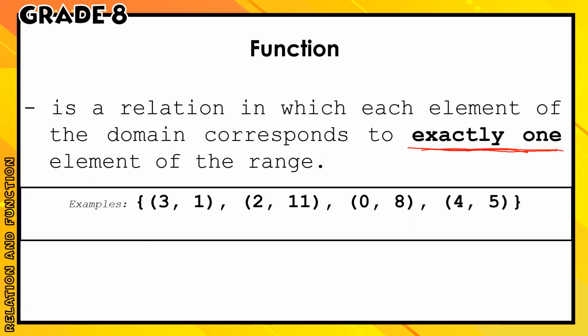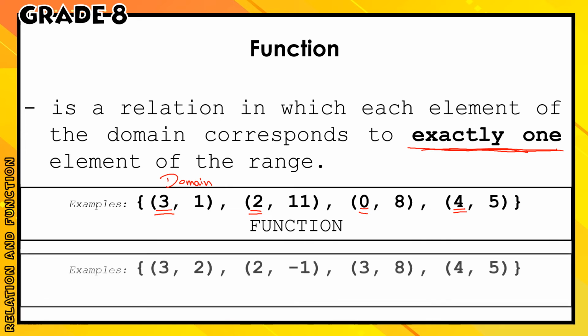We have this example: (3, 1), (2, 11), (0, 8), and (4, 5). Yung mga unang number, ayan ang tinatawag nating x values or the domain. Kung mapapansin natin sa domain natin, iba-iba sila. 3, 2, 0, 4. Walang naulit. Sa madaling salita, ang gantong klaseng example na relation is also a function. Kasi walang naulit na domain.